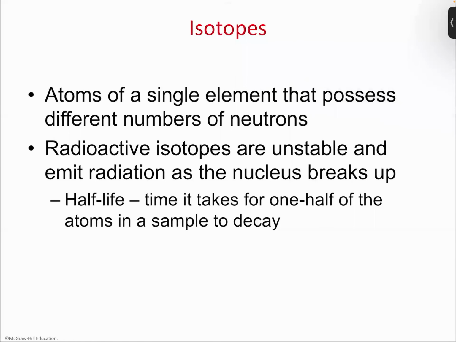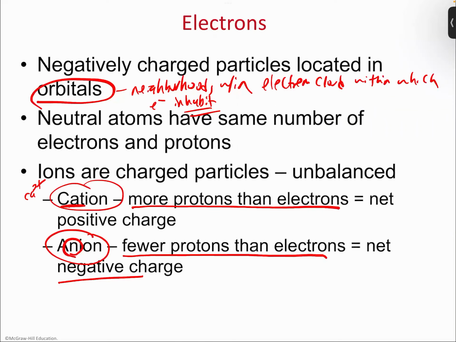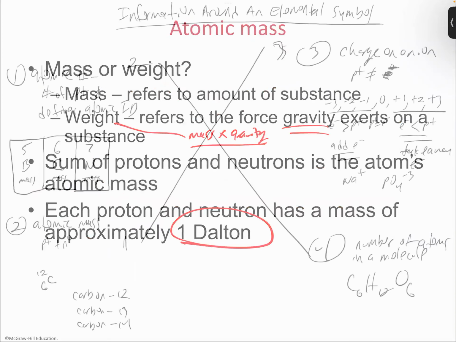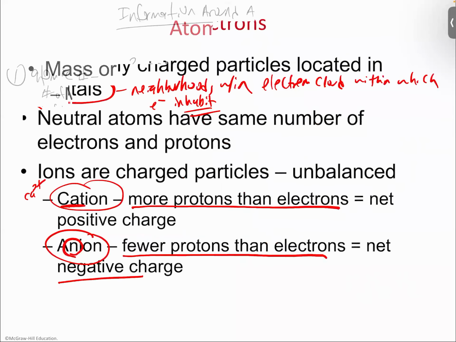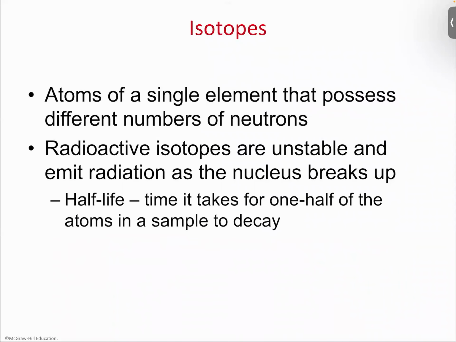Okay, so when we take a look at isotopes, we kind of looked a little bit at carbon. Basically, an isotope is an element that pretty much is the same. The only way they differ is in the number of neutrons that they've got, right?